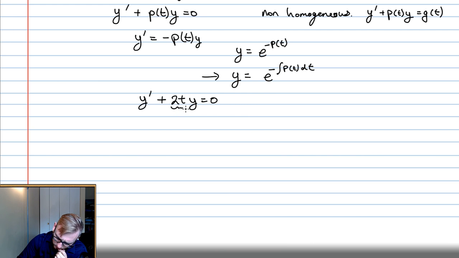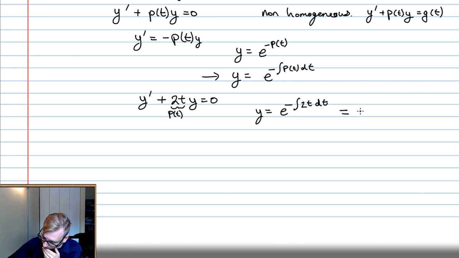So this right here is going to be our p of t, which means our answer is y equals e to the negative integral of 2t dt. Well, the integral of 2t is just t squared. So we've got e to the negative t squared. Let's try it. Does that really work?